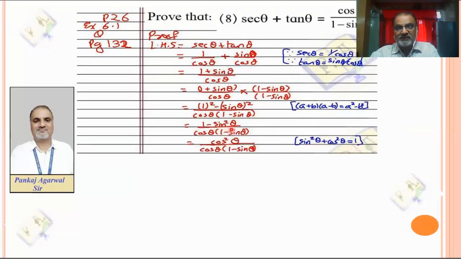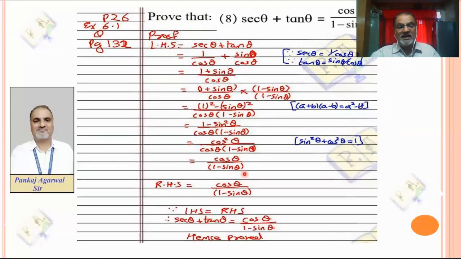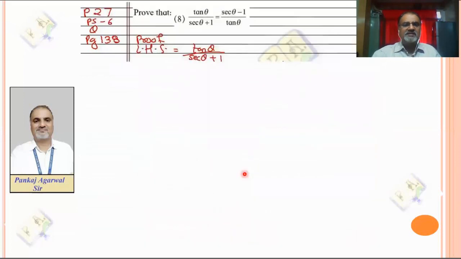Therefore, 1 minus sine square theta is cos square theta. Now in the numerator and denominator, one cos will get cancelled, and we'll get cos theta upon 1 minus sine theta, which is the same as the RHS. Since LHS equals RHS, we can rewrite our final answer.